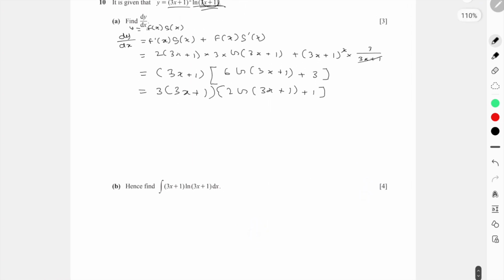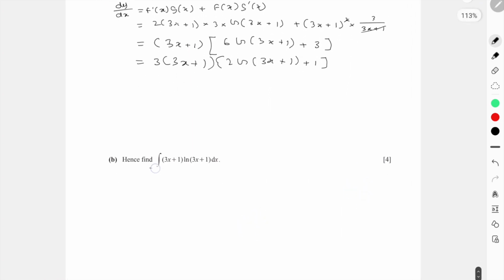Now let's look at the second part. So we have to find the integration of this. So let's expand this. Let's actually divide both sides by 3. So we have this.